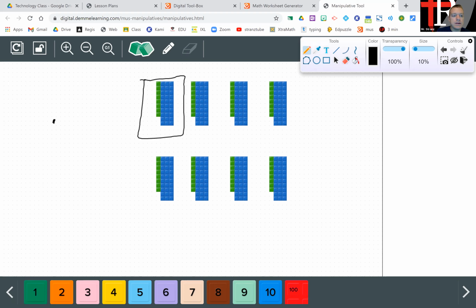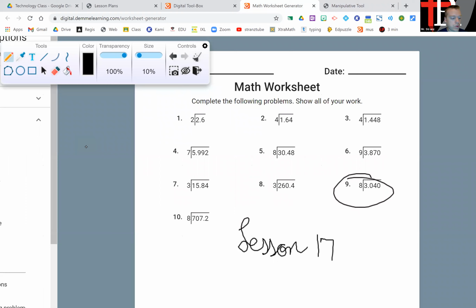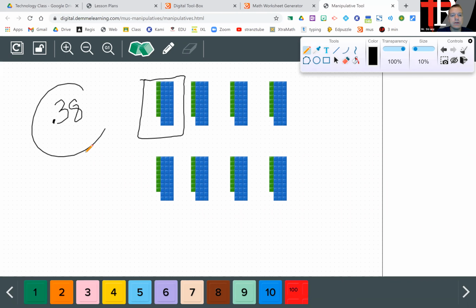So it's going to be 0.30, right? And 8 individual ones. Okay, and there you go. So just to double check our work, 3.04 divided by 8, we get 0.38 as the answer.